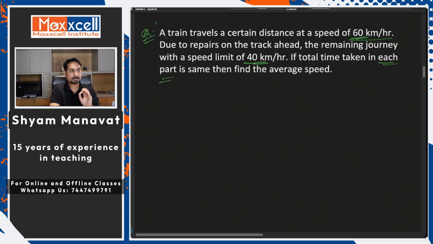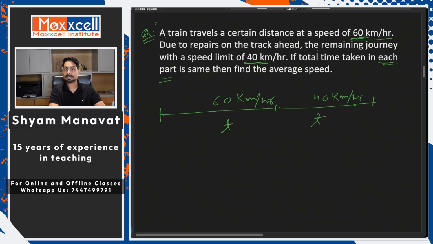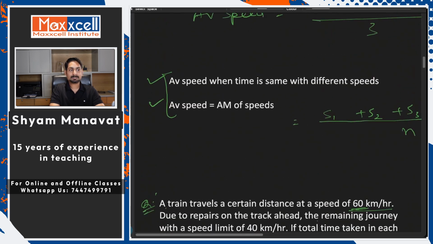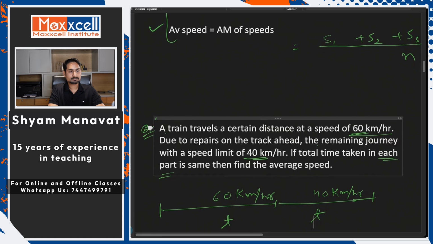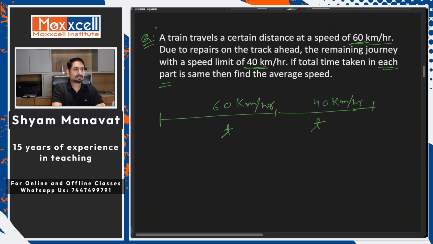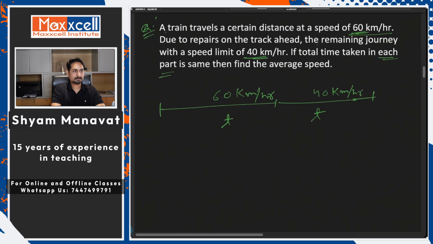As per the question, the time taken is the same, and you can see the speeds are different. So don't we have the same case? We need to calculate average speed when time is the same with different speeds, right? Are you okay with this? If yes, then let's solve this.